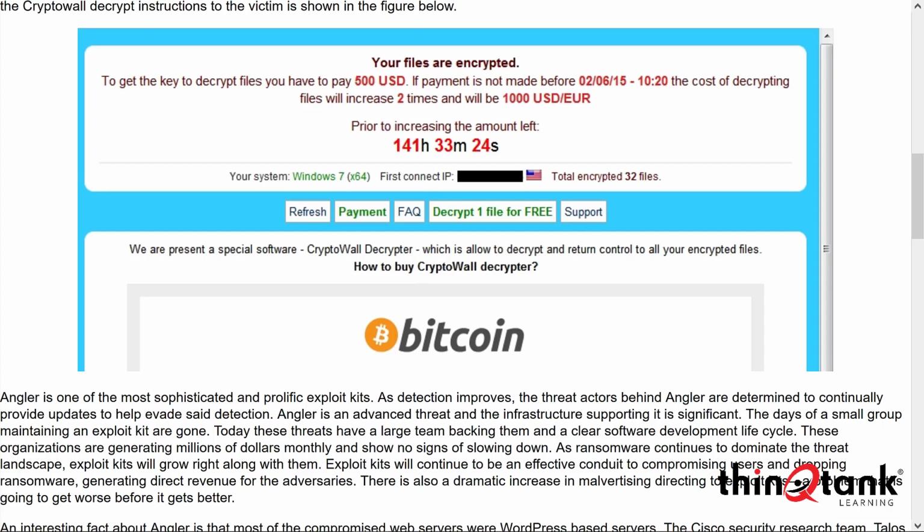Angler was one of the most prolific and most sophisticated exploit kits that existed. The interesting concept about Angler is that most of the compromised servers were actually WordPress-based servers.